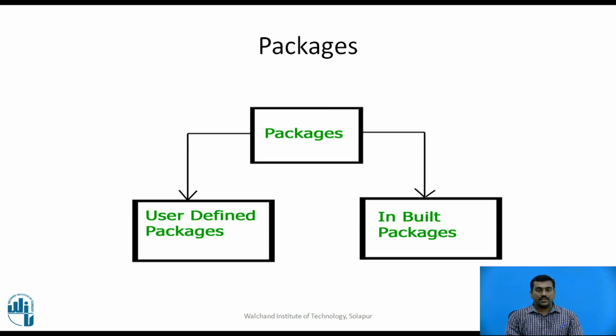First of all, let us go deep into packages. Let us learn what the different types of packages available in Java are. There are two types of packages. First are built-in packages and second are user-defined packages, which the user will write for his purpose.